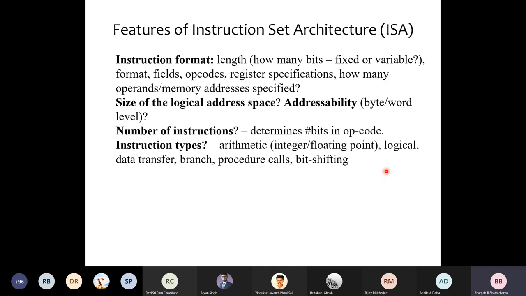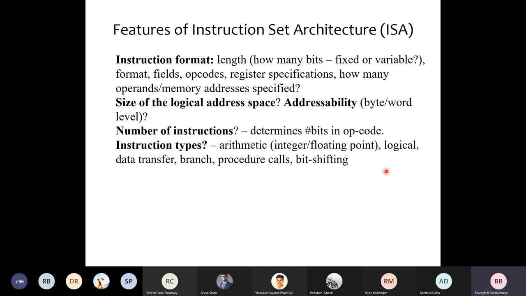What are the different instruction types that you need to decide while designing the instruction set architecture? There must be some arithmetic operations. It should include integer operation, floating point operation. There should be logical operation like performing bit by bit ANDing, ORing, XOR, and so on. Data transfer: load data from memory to the CPU side, store data from the CPU side to memory.